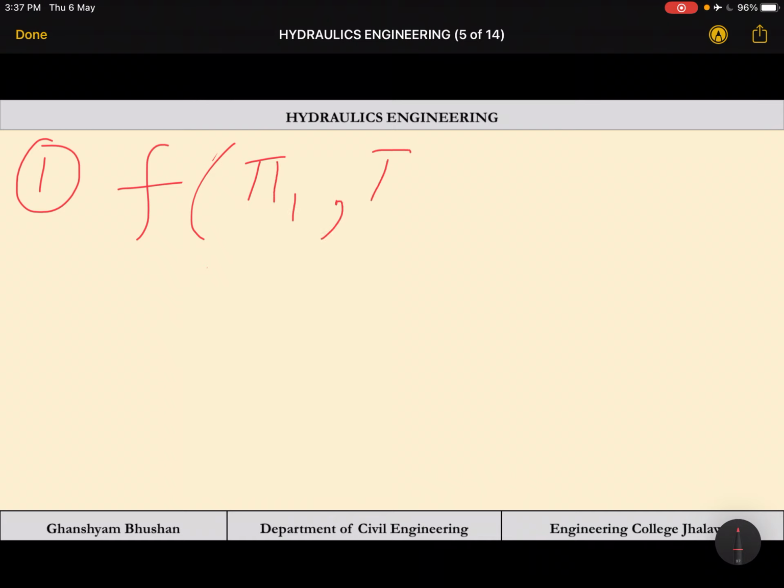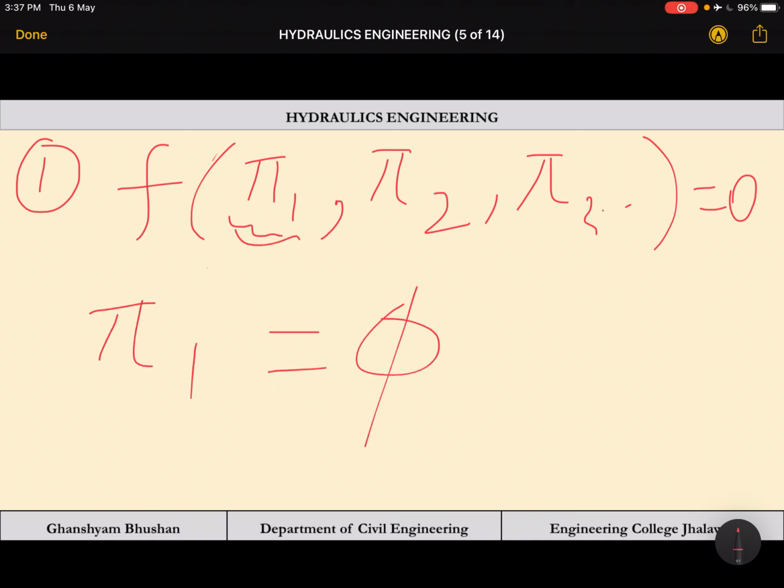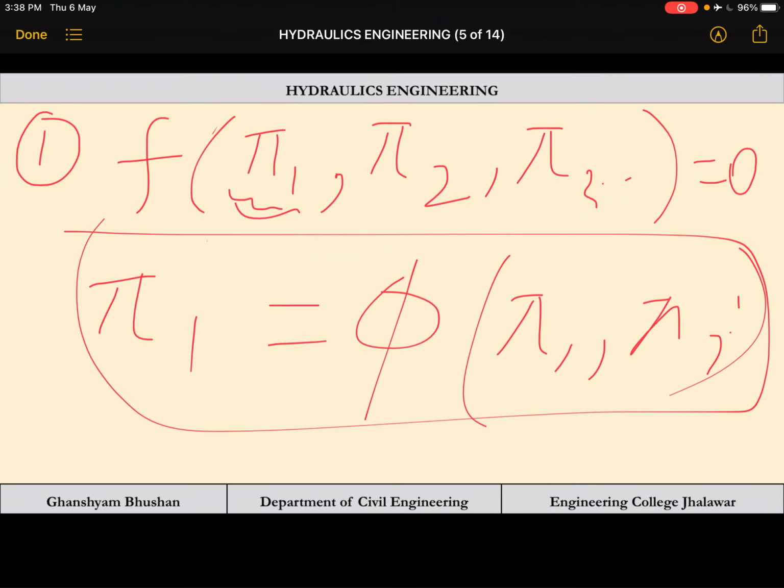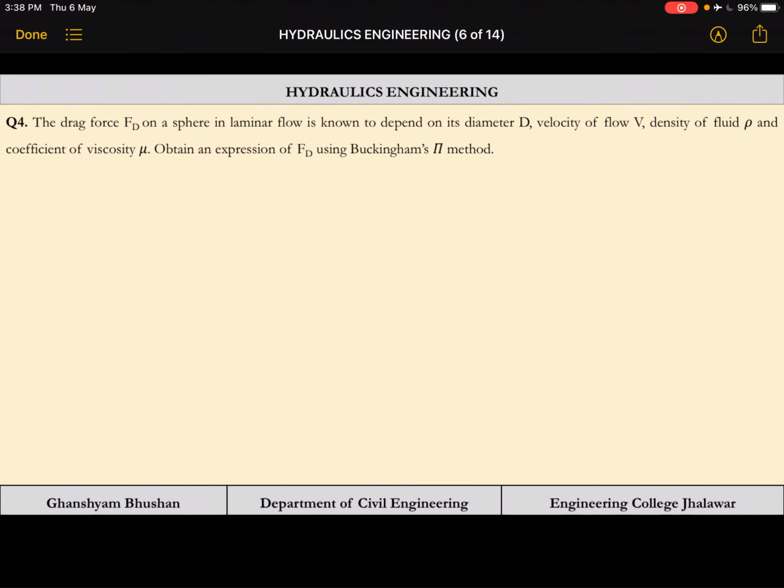So if the value which we are eager to calculate is in pi1, then the function will change and pi1 will be a function of the other pi groups. So we will be using this. Clear?